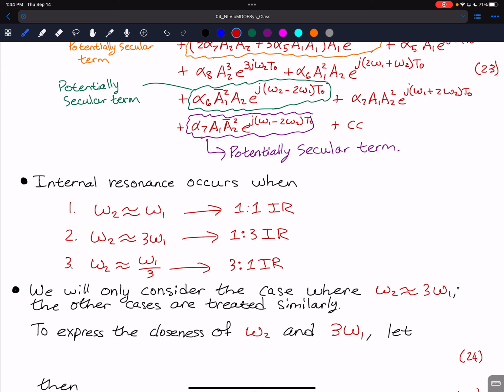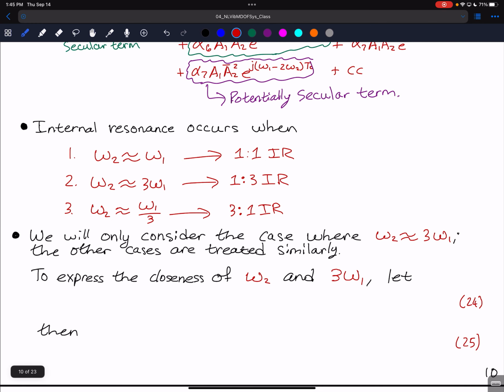Yep. And if you had a quintic, you would have 5-to-1s and so forth. Like I said, we're only going to study this one case, and you can apply the same kind of analysis to the rest of the cases, quite simply.